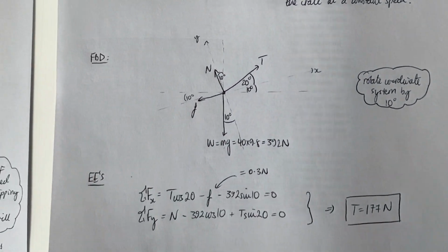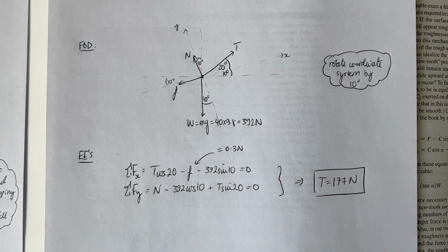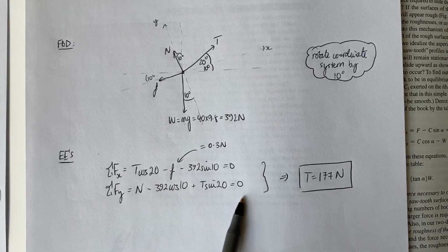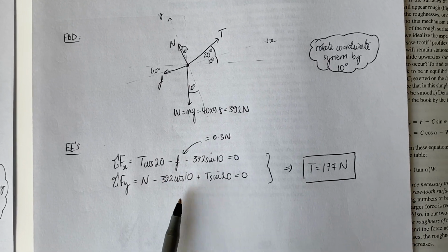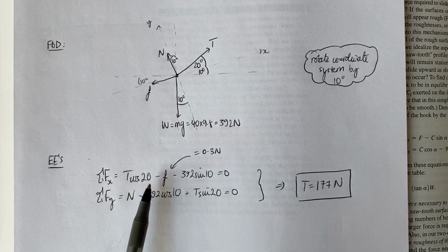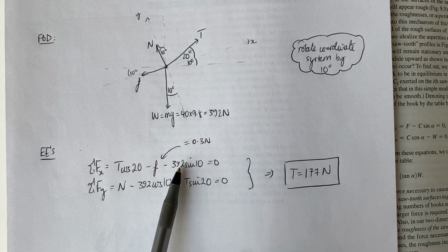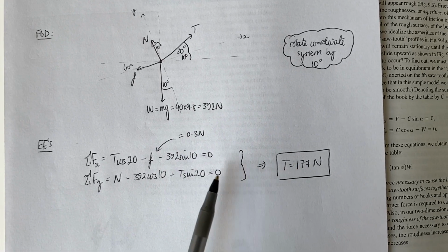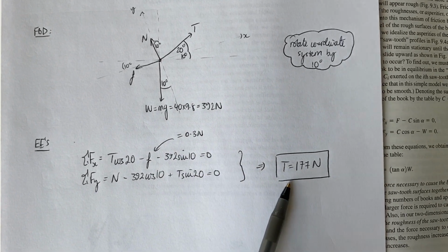So if I resolve forces in the x and y directions, as always, I get the following. Again, make sure that you can replicate this and you know what you're doing with these different components of these force vectors, and also make sure that you can solve that system for the unknown tension T.